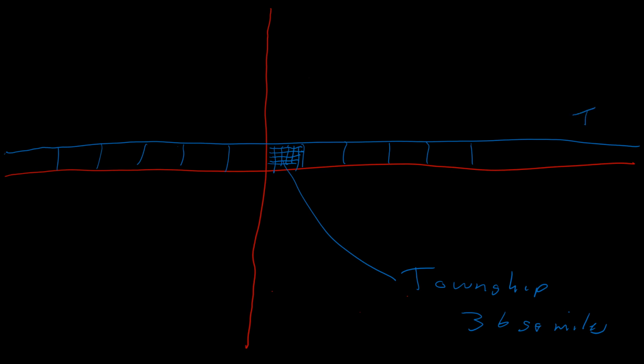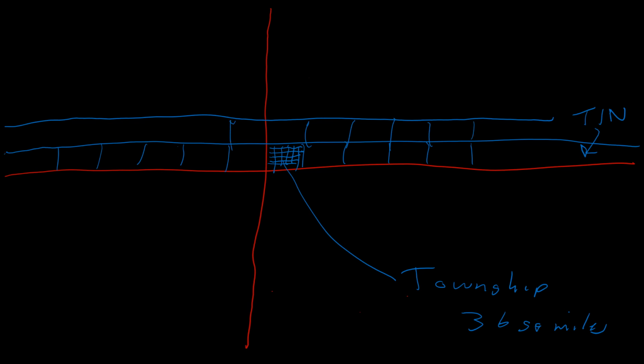It's the first tier of townships north of the baseline, okay? I can put another row of townships right above that. And this one would be T2N, second tier of townships north of the baseline. Next row would be T3N, T4N, so on.